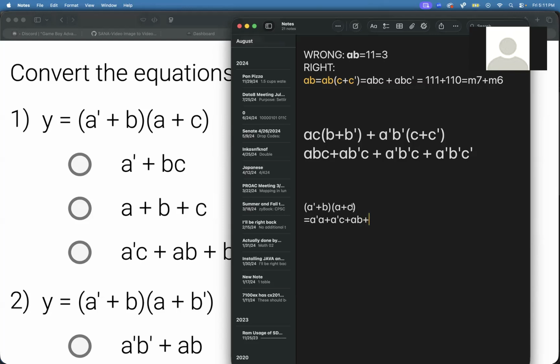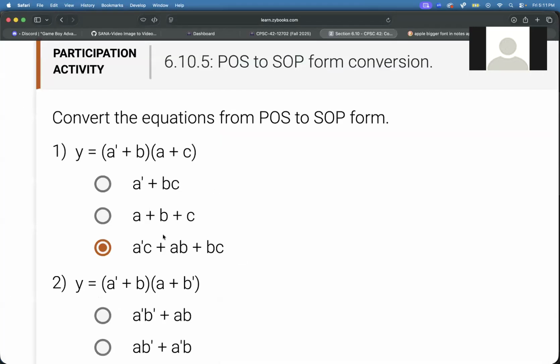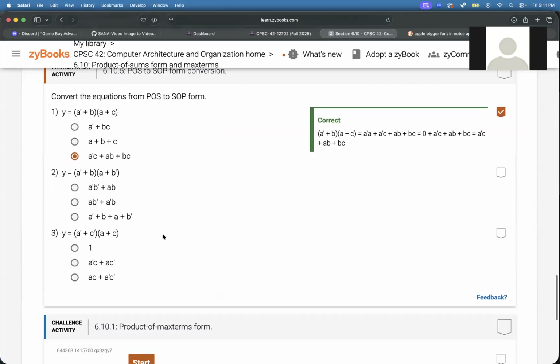And then you'd have BC, which you write as BC. But then not A and A is automatically zero. So this is just zero. So it'll drop off and we'll just have what's left, which looks like this one down here. All right. So there's not too much there.